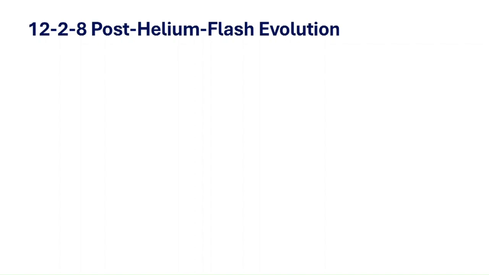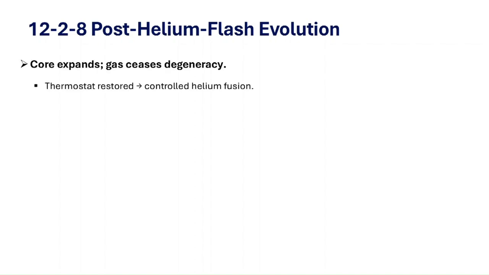So this is critical because this state shapes the star's future evolution and the elements it produces. Now, immediately after the helium flash, the helium core expands due to the huge energy release. And as it expands, the gas ceases to be degenerate, meaning the pressure-temperature thermostat is restored.